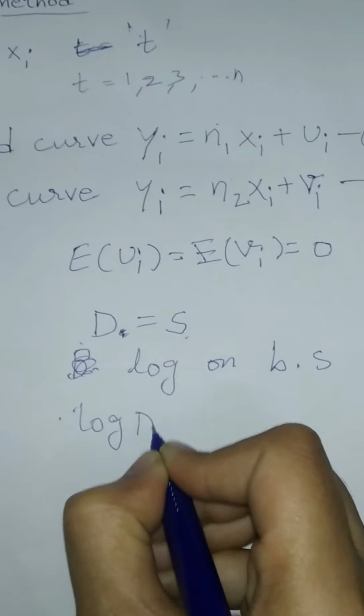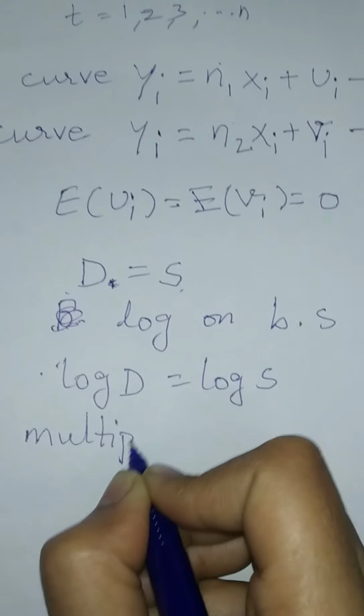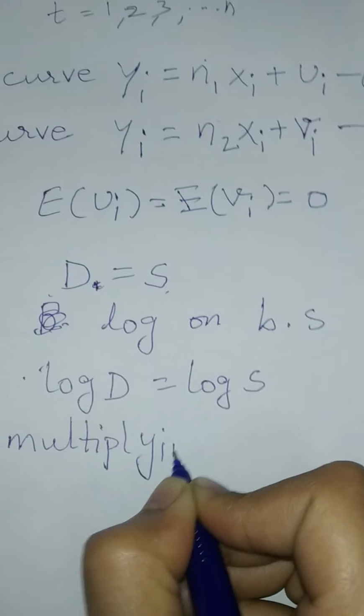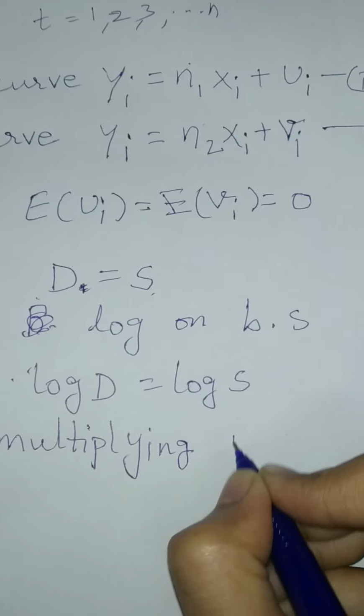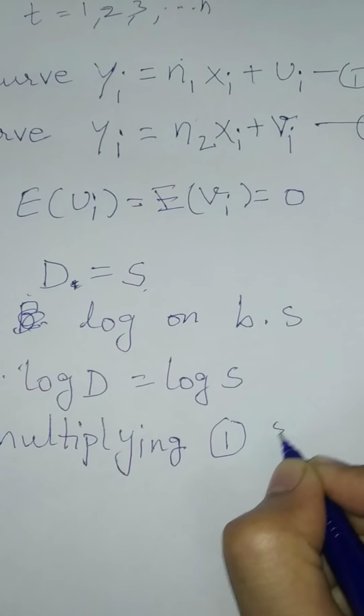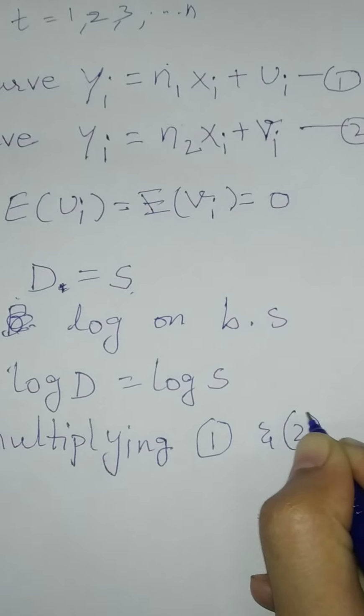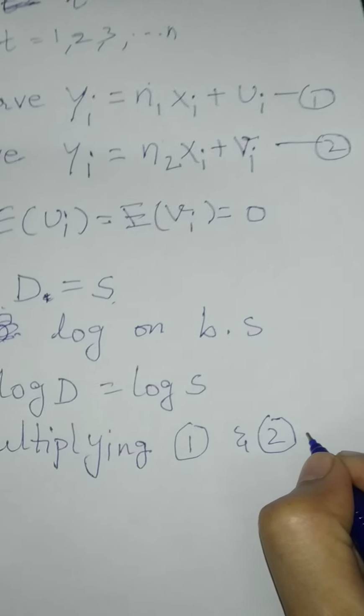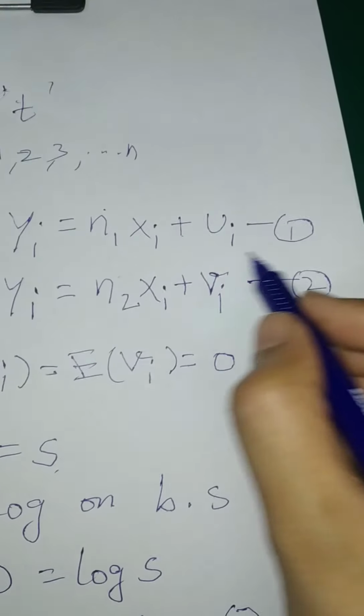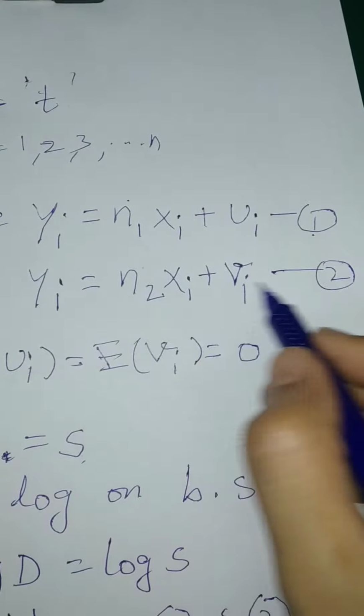Now students, we can multiply equations 1 and 2. What are equations 1 and 2? We have this equation as 1 and this equation as 2.